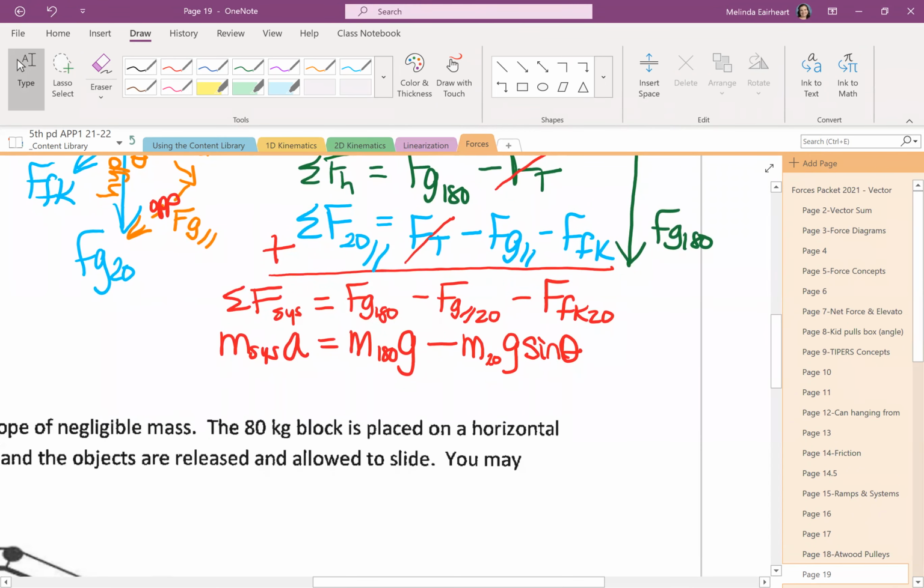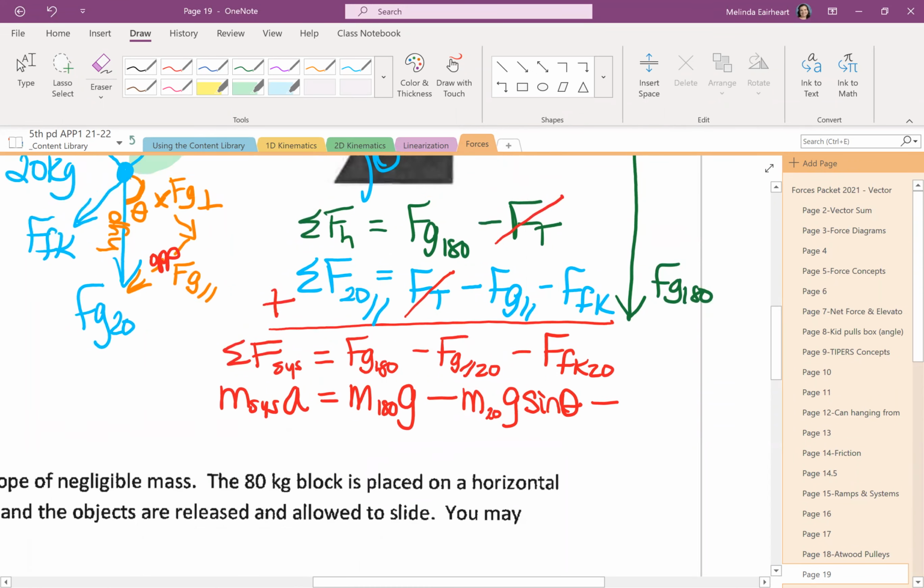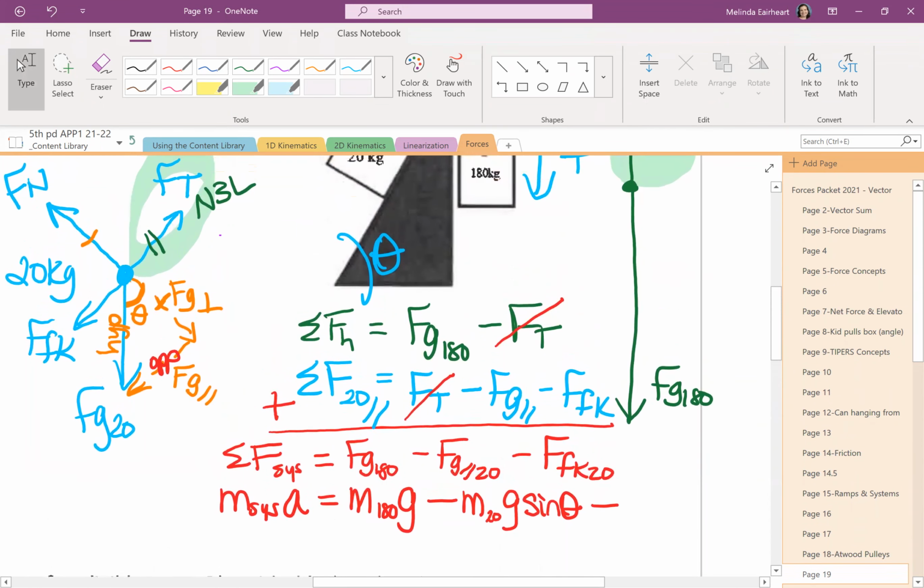And if it was a frictionless ramp, maybe that's it. But this one's going to have friction. So minus mu Fn, but be careful, Fn on a ramp, let me go back to our diagram. Fn on a ramp equals the perpendicular.